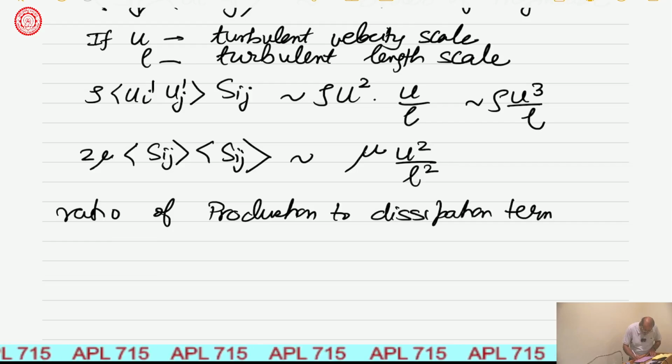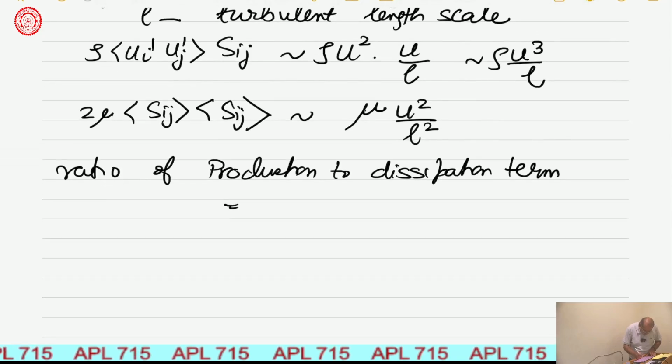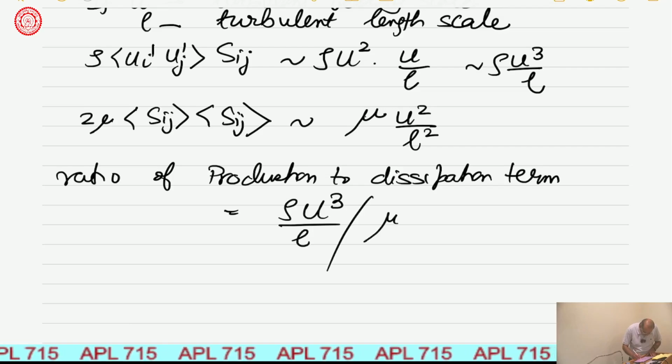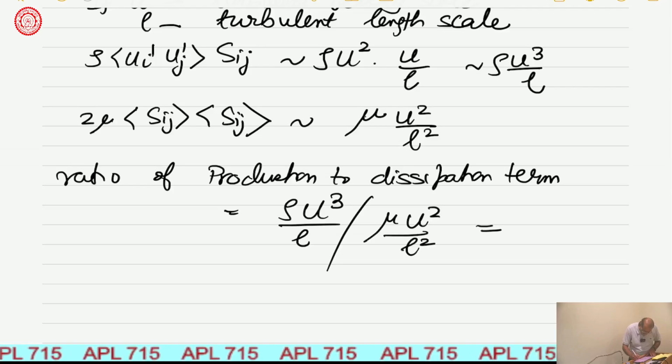Production to dissipation term, this is equal to rho u cube upon L divided by mu u square upon L square.